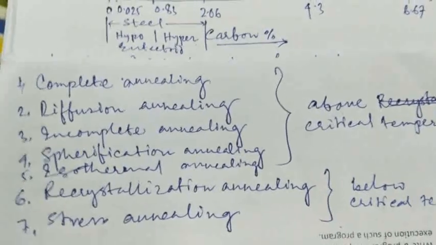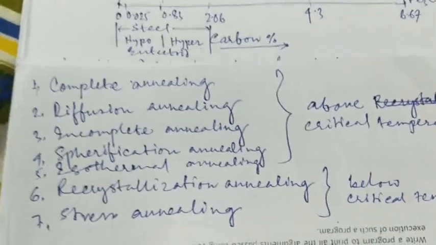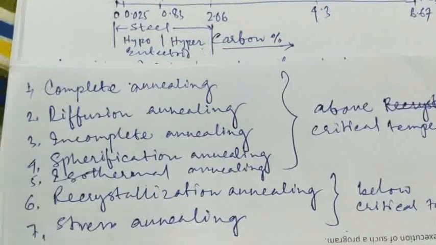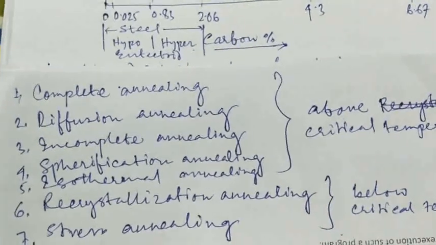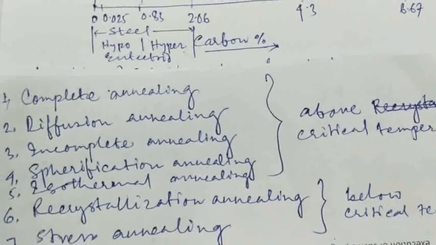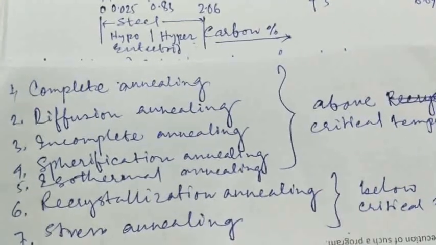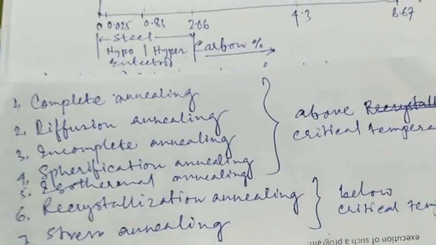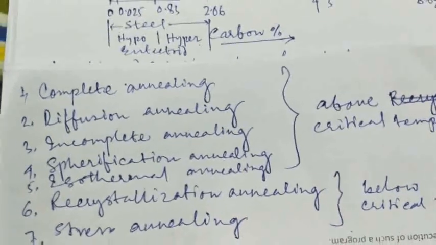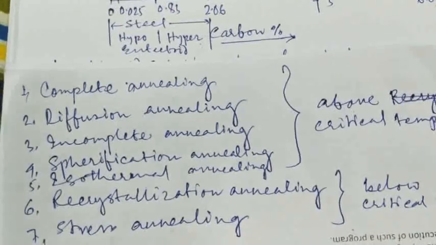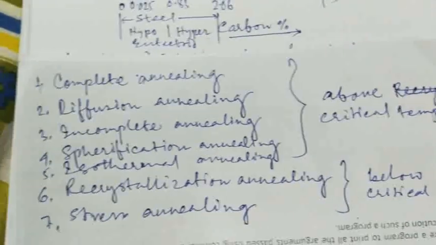Today we are going to discuss the different types of annealing process. Basically there are 7 types of annealing process. Depending upon whether they are below or above the critical temperature, this differentiation has been done.